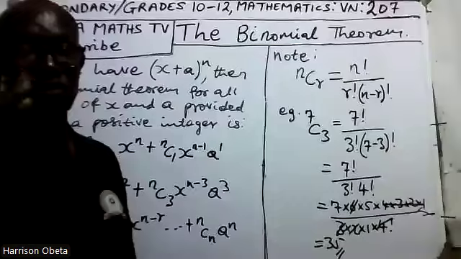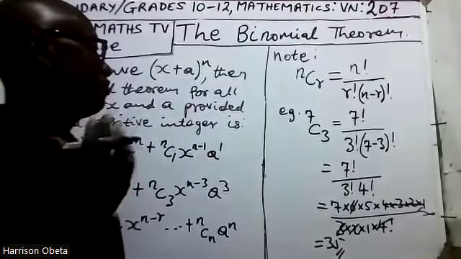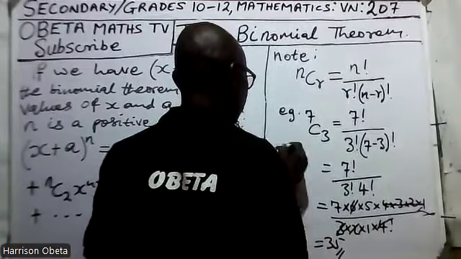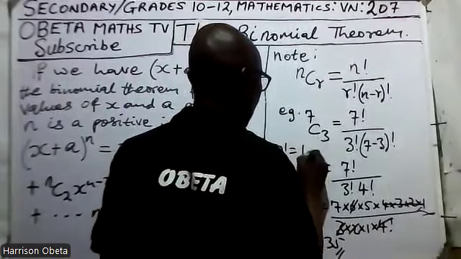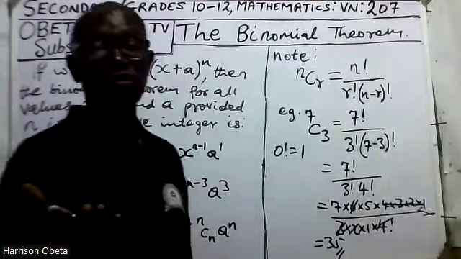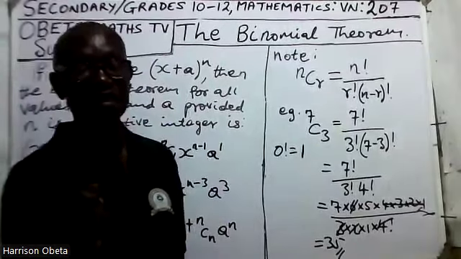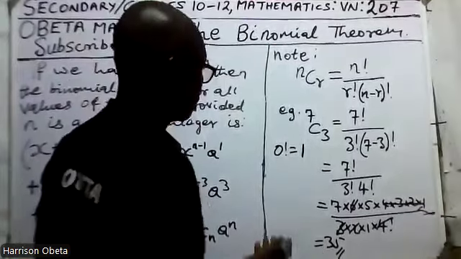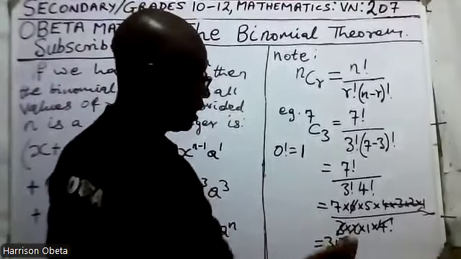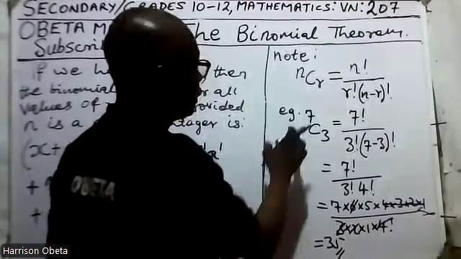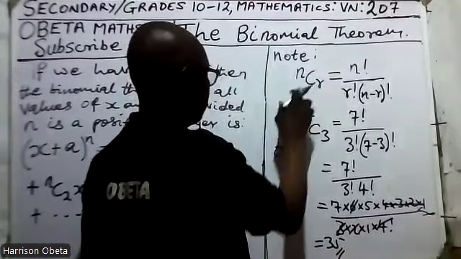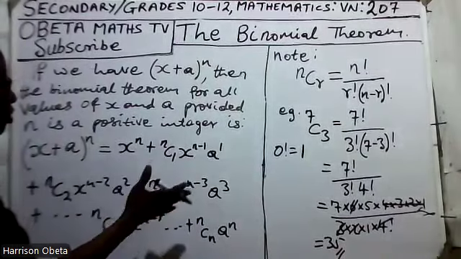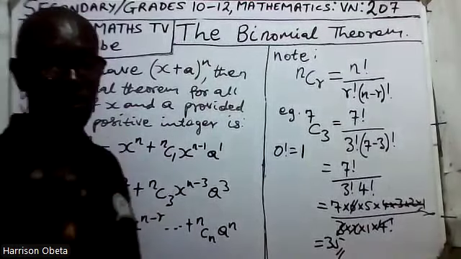So I want to let you have an idea of what factorial means. And then take note that 0 factorial is equal to 1. You can check this in your calculator. 0 factorial is equal to 1. So you have seen how I worked it. When we are using this formula, that's what we are going to be using so that you will not get confused.